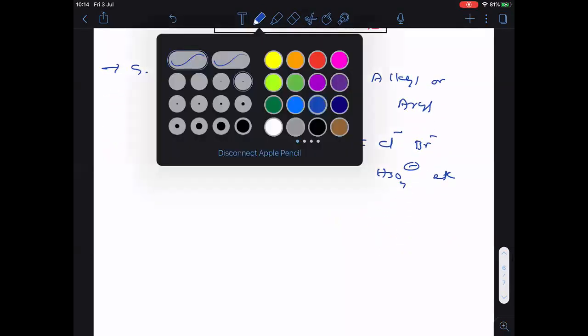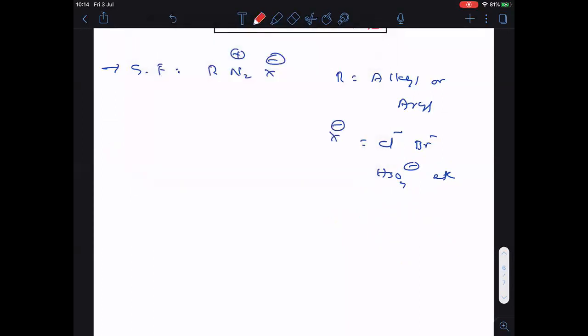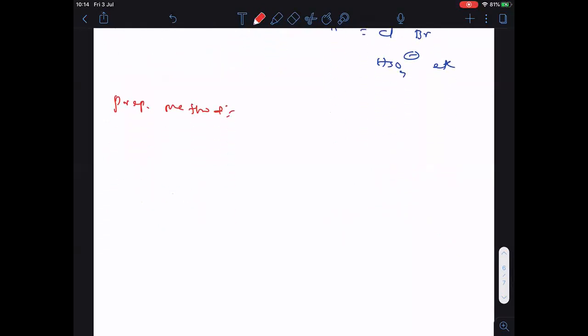Then we are going to see the preparation method. Only one preparation method is there here, which is called as the diazotization.